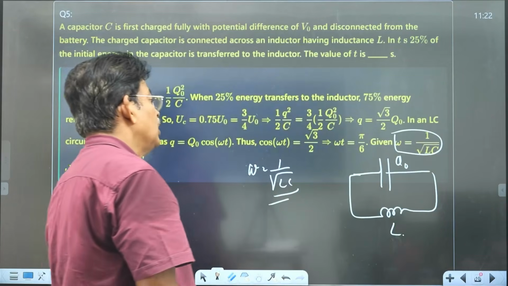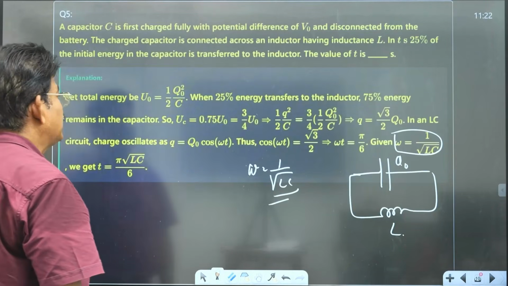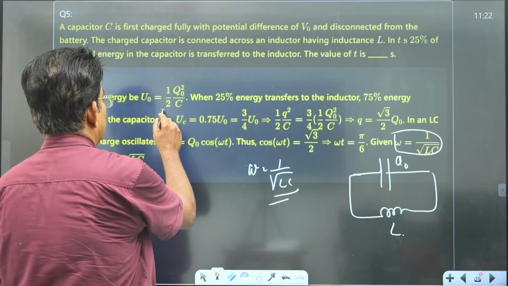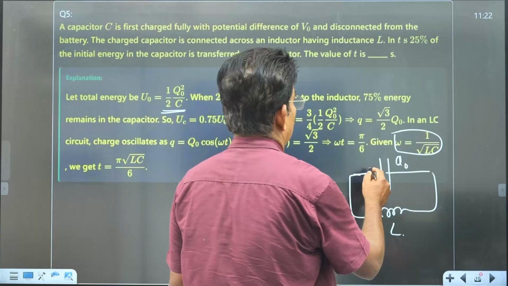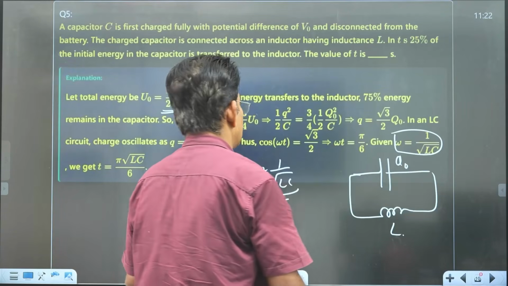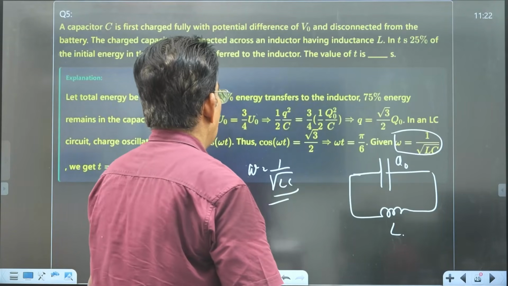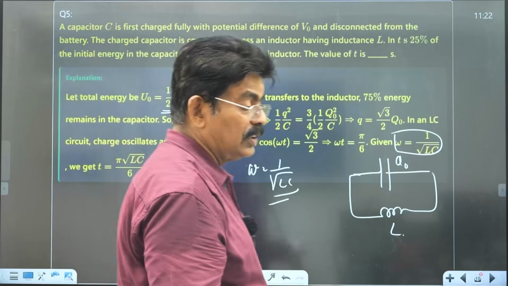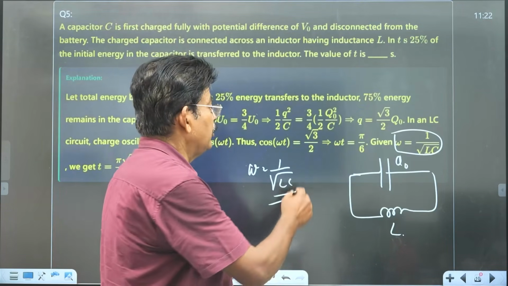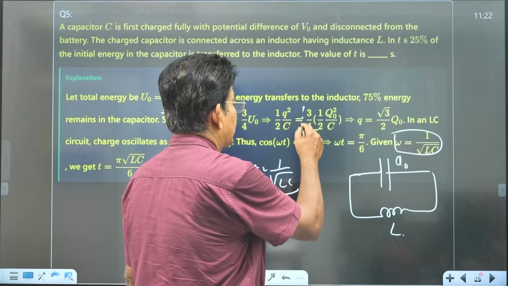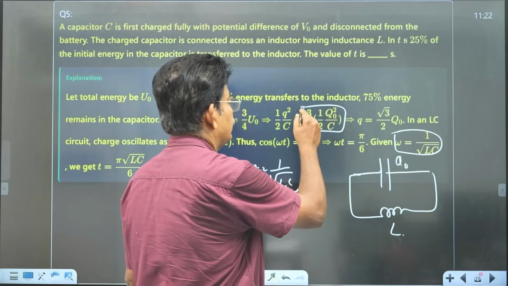Now, initially, the capacitor was fully charged. How much energy is there? Half Q0 square by C. Initially, when it is connected, at that time the capacitor is fully charged. After that, 25% energy is lost. Remaining energy is 75%, so 3/4 of this.